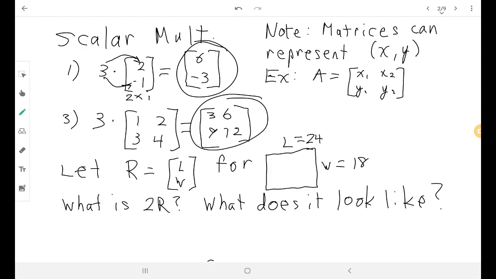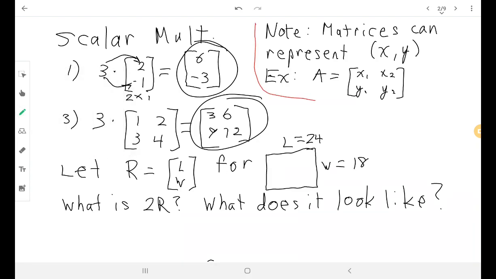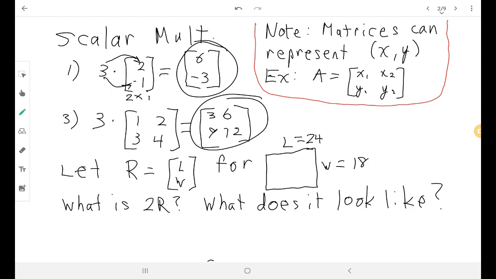One note, and I will box it in red here, one note that I want you to have because it's fairly important, is that note right there, which is that matrices can represent coordinates on the Cartesian plane, on the graphing plane, where every x and y, the x's are always the first row, the y's are always the second row, and the points are read by the columns.